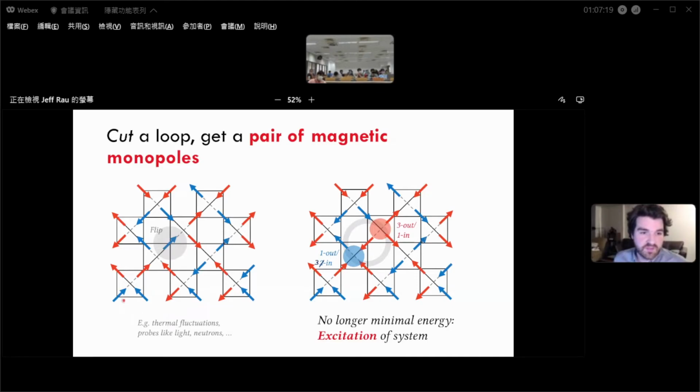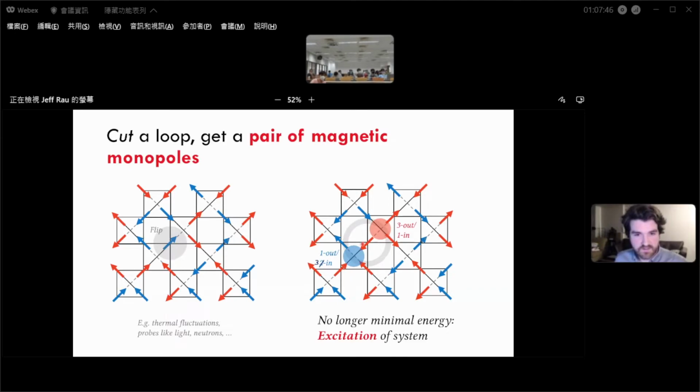In the spin picture, that might be something like taking an ice state and flipping a spin. This is something that thermal fluctuations, probes like light or neutrons, do all the time, so this is not an unusual thing to happen. We flip a spin. What does that do? Well, now we're going to violate our 2 in, 2 out constraint on the two connected tetrahedra. So on one of them, we'll have 3 in, 1 out. On the other one, we'll have 1 in, 3 out.